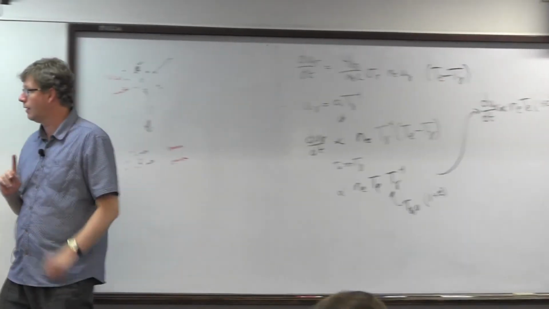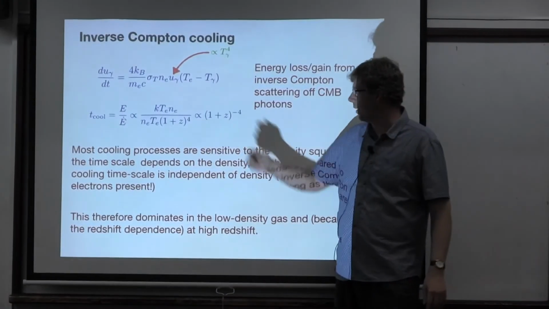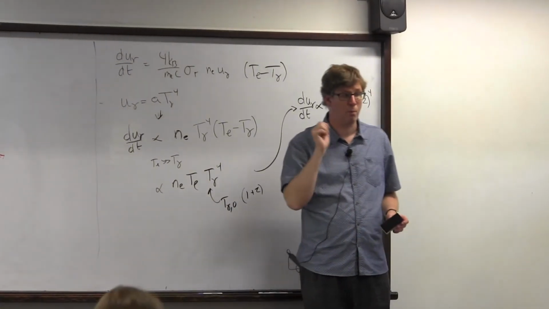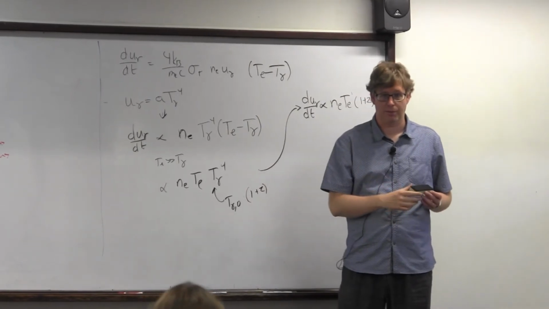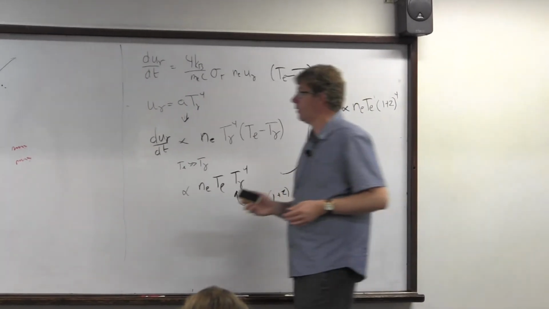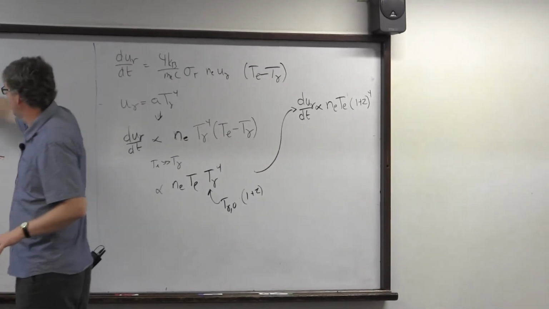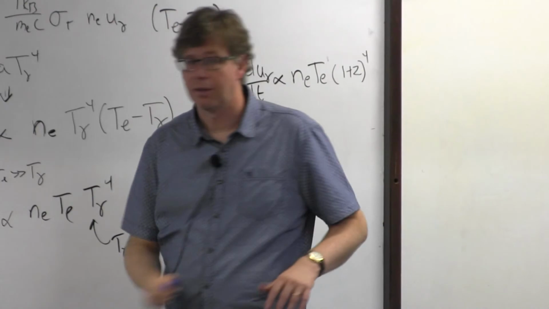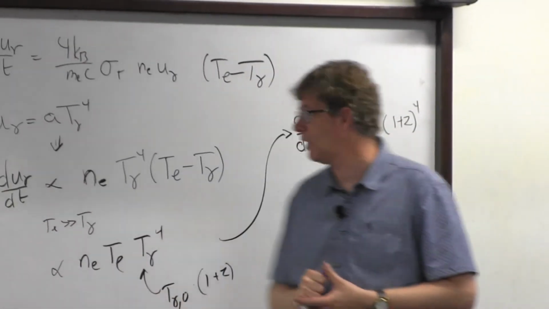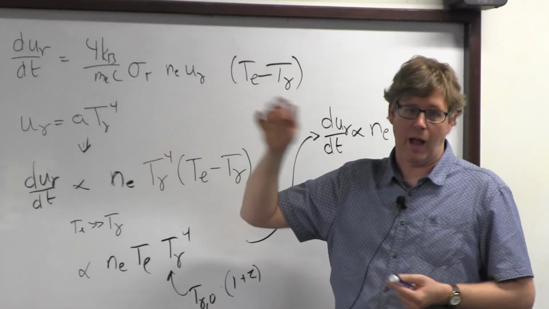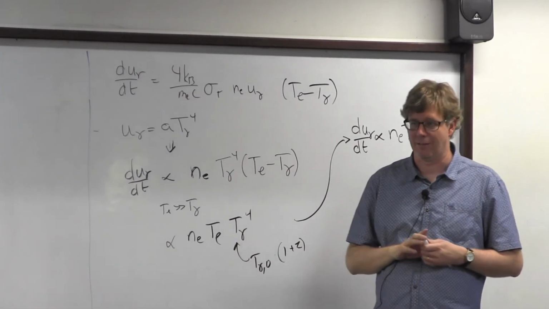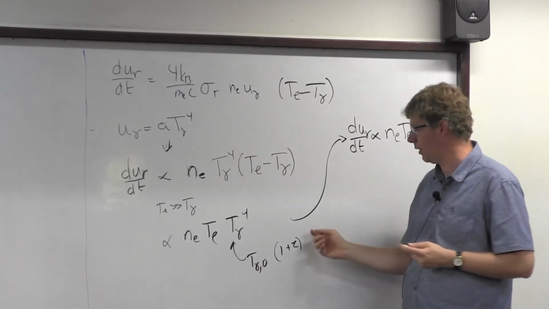And the other thing is that it depends on the redshift to the 4th power. So that means that at high redshift, this is going to be a lot more powerful than at low redshift. So this is a crucial bit to put into calculations at high redshift. But what people do in simulations is that they include this cooling source at redshifts greater than 6, and then they turn it off because it becomes completely irrelevant because it depends so strongly on the redshift.